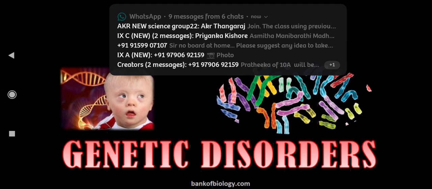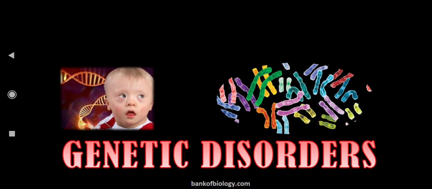Likewise, in pedigree we can analyze the particular character which is transferred from one generation to another generation. Maybe it can be a disease. It can be a disease also.